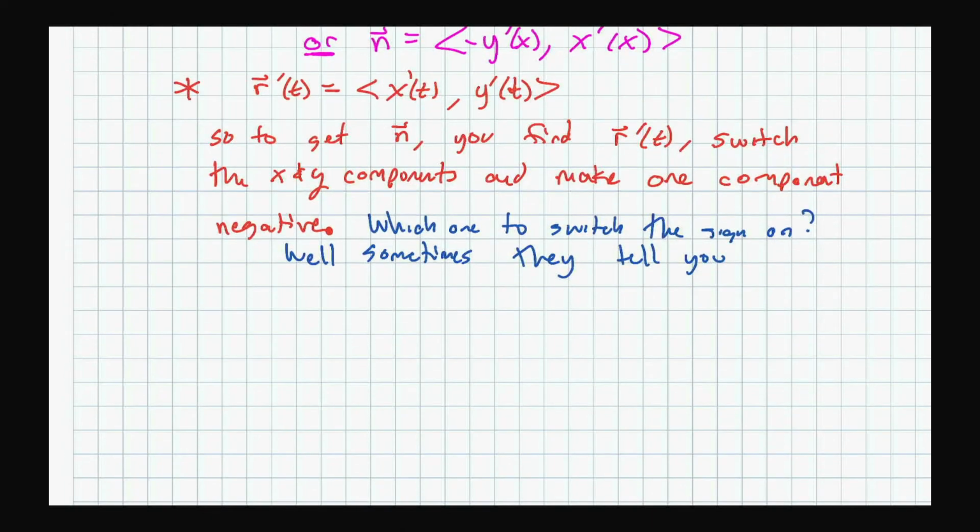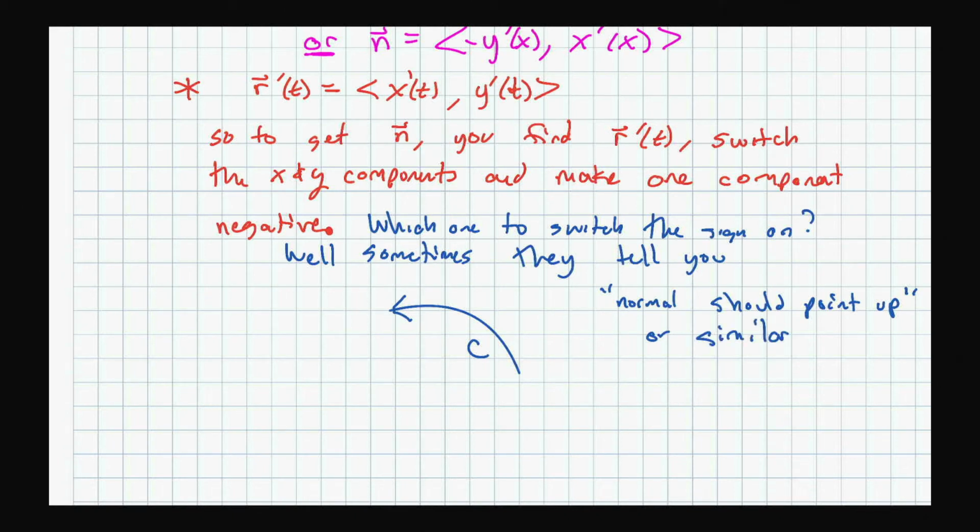The way they would tell you is like this: let's say you have a curve like this, that's C, and they could say the normal should point up, or something similar.